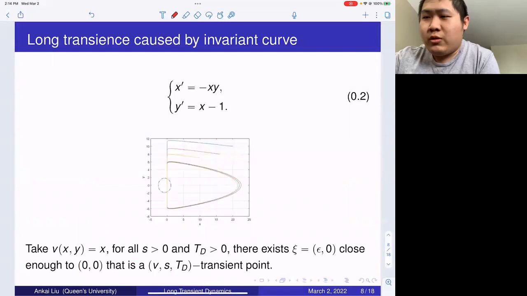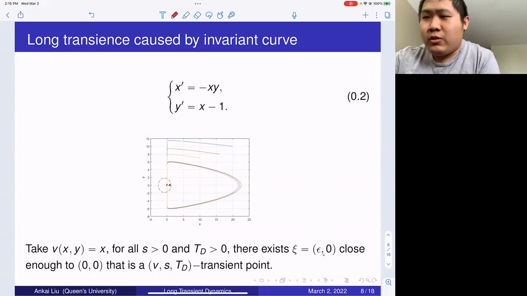Okay, with the definition, let's look at the example right here. This is the example we just showcased. I hope you remember this plot. If we take V to be x, in fact, we can prove that for all S and all T_D, there always exists a psi, which is some epsilon, 0, so basically some point right here, that is a V-S-T_D transient point.